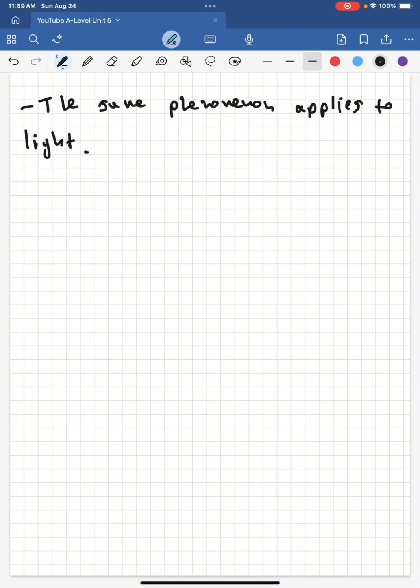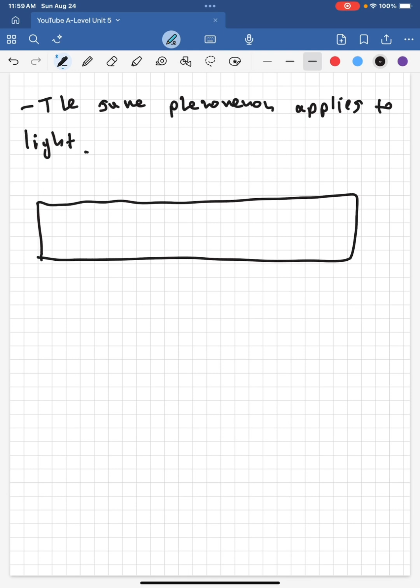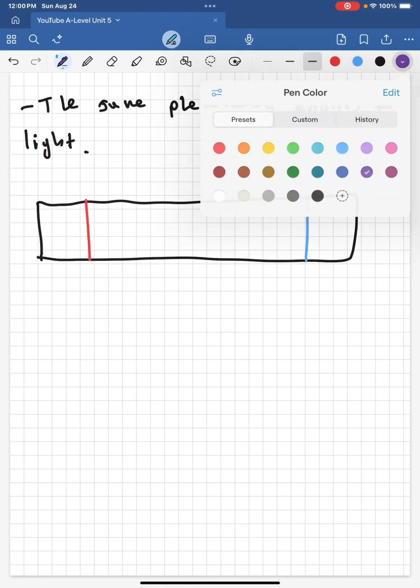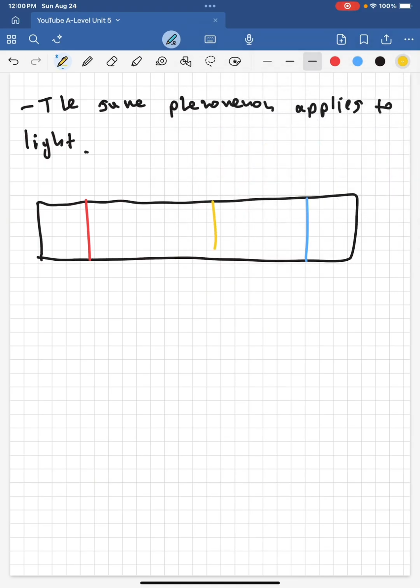So if we have some spectrum that we received from some star, and maybe we have some emission lines, say, okay, assume we have emission lines. Actually, we usually have absorption lines, but anyway, let's pretend it's emission lines. Okay, so we have the red and the blue, right? And maybe we have yellow somewhere here in between.